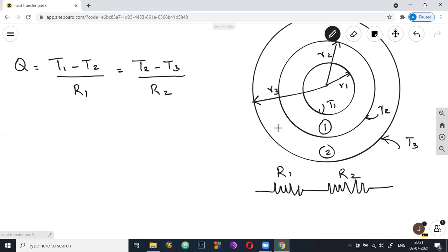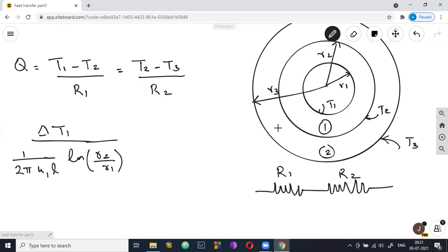T1 minus T2 is the change in temperature, divided by the resistance for a cylinder, which is 1 by 2 pi K L log of outer radius by inner radius. Delta T1 stands for T1 minus T2.